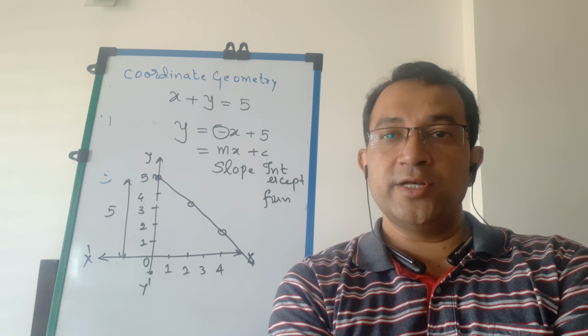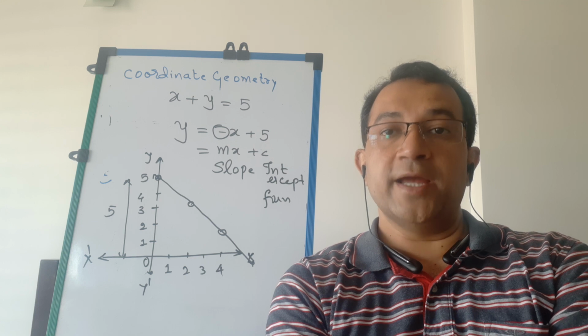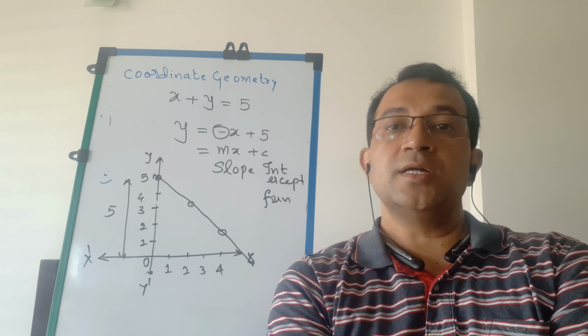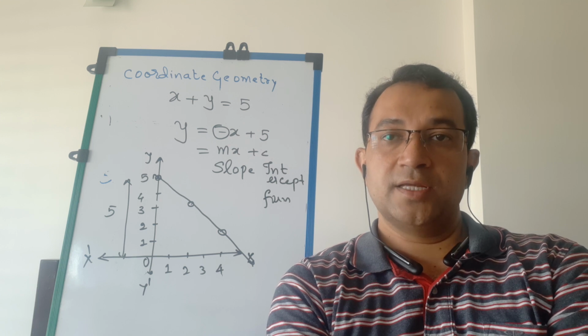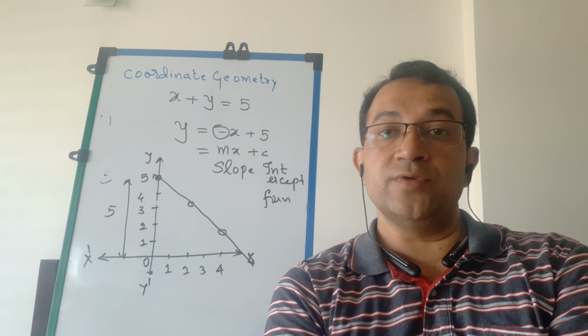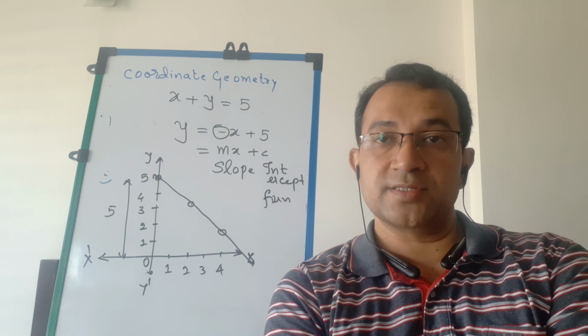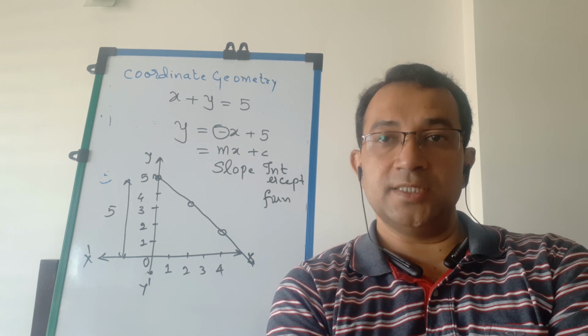There are three methods to define the slope of a line. First, when 2 points are given, the slope, denoted by m, is the difference of y coordinates upon the difference of x coordinates. When the angle made by the line with the positive x-axis is theta, which we will use mostly in physics, the slope is m is equal to tan theta.